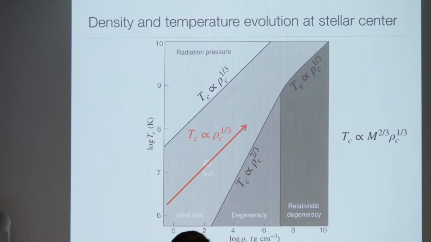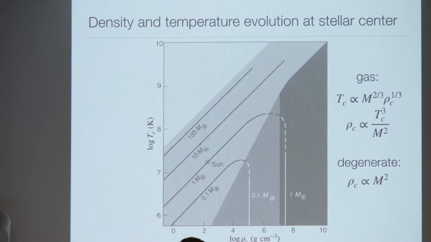That's what physics tells you. So as time goes, the density at the center of the sun gets higher. But the central density cannot go like this or like this. It must follow this line, and the center of the sun will evolve along this line.